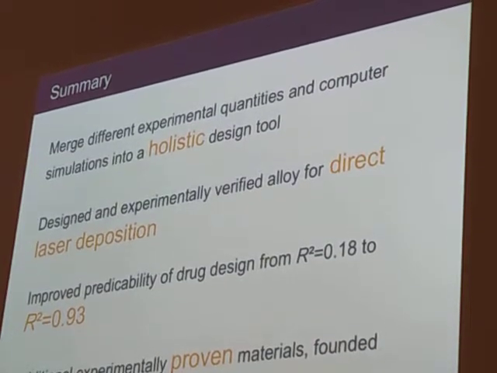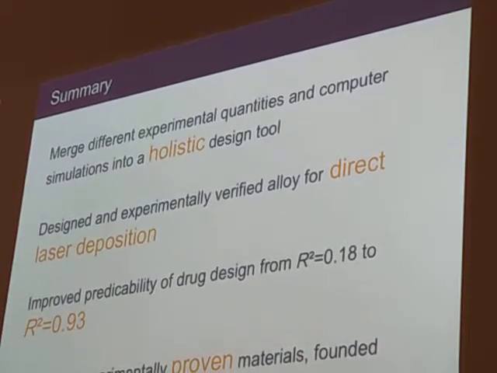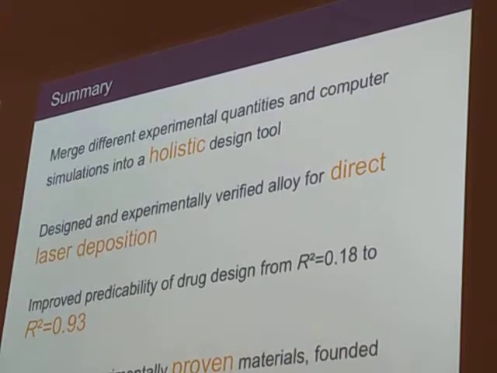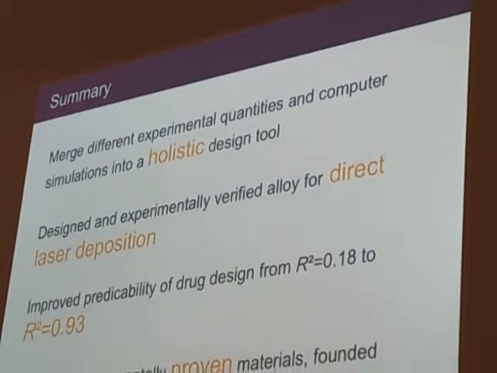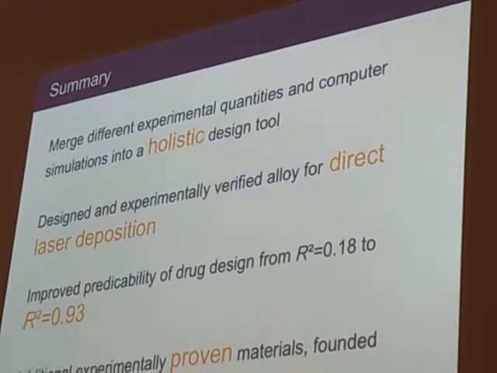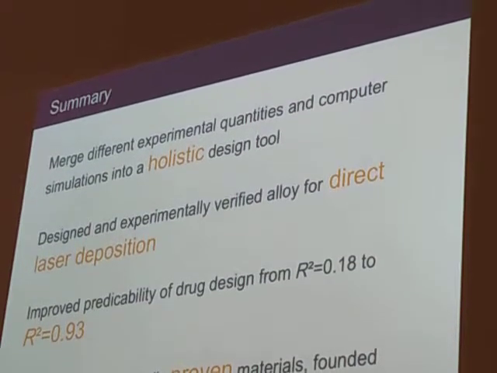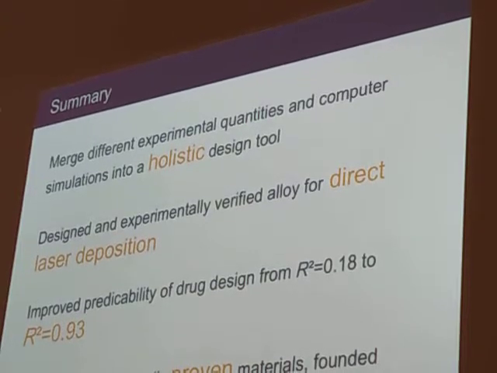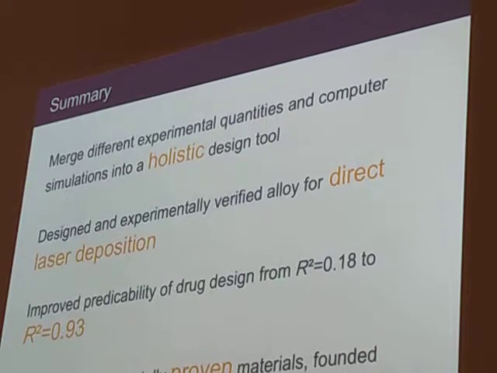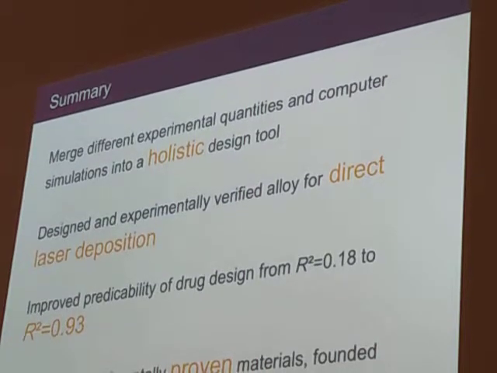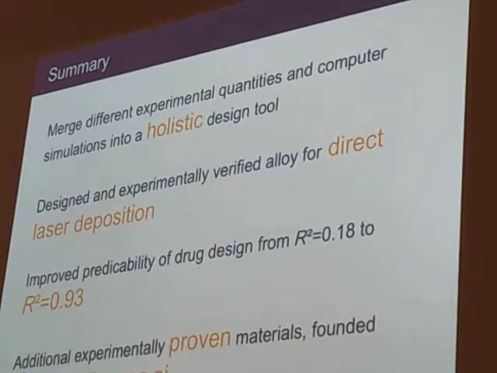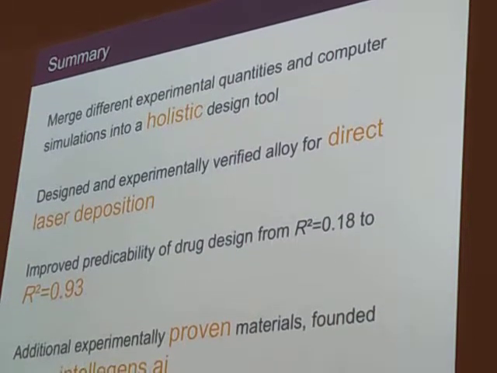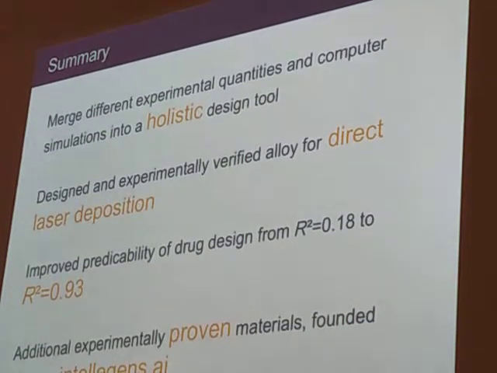I have a question also regarding the nickel design. Could you invert your neural network? These are the predictions, and you start with some composition and then see if it fits. Don't you invert that? It is possible to invert. As we have that neural network where everything is an input and everything is an output, you can put properties in as an input, and it will spit out composition as an output.